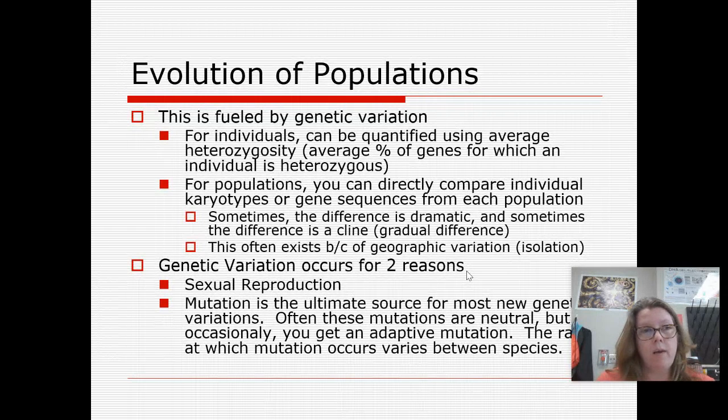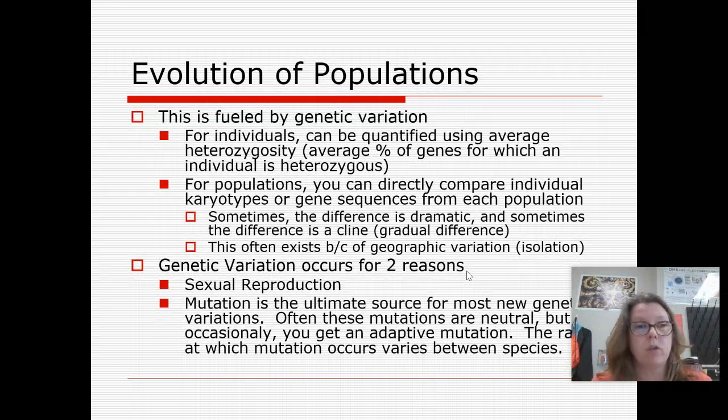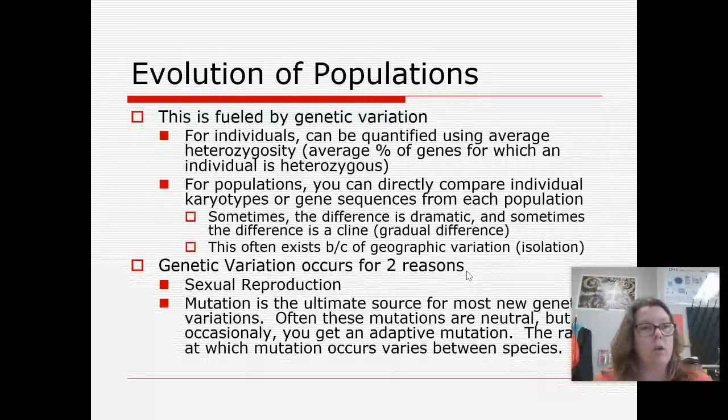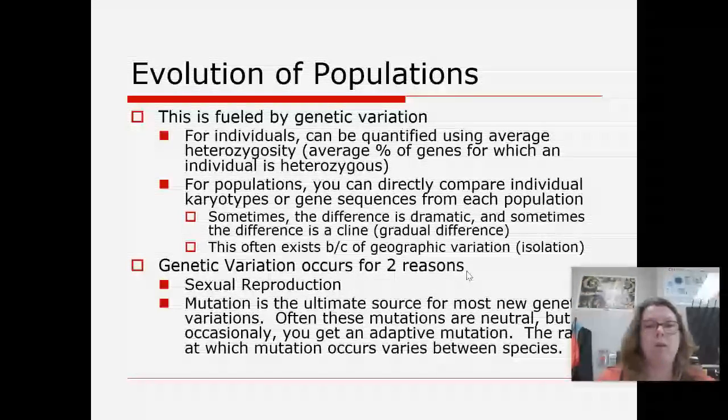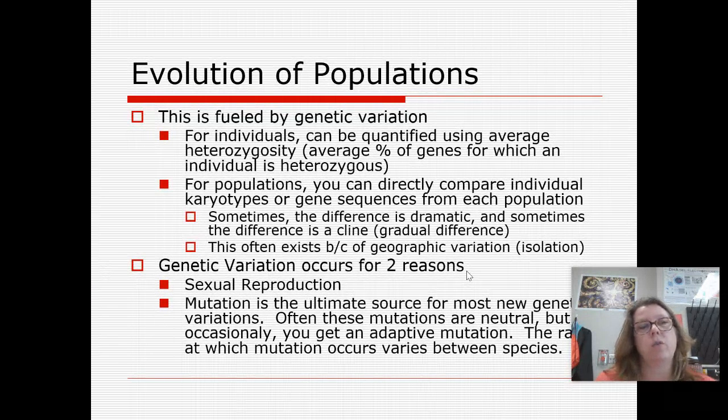Independent assortment, the random way in which chromosomes line up and then get separated into different cells during meiosis, is another source of genetic variation. And random fertilization causes genetic variation too: the random egg that's released and the random sperm that fertilizes it are another source of genetic variation. So sexual reproduction has a bunch of genetic variation in it, but mutation also fuels genetic variation.